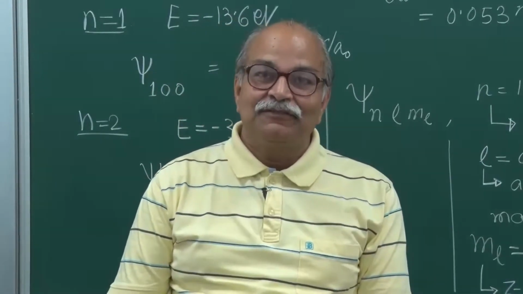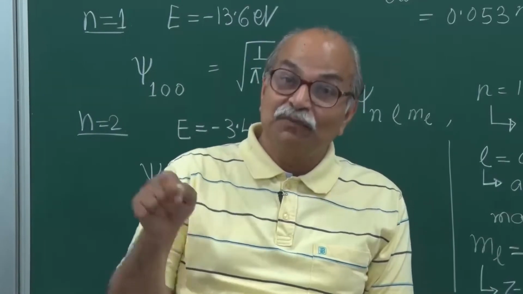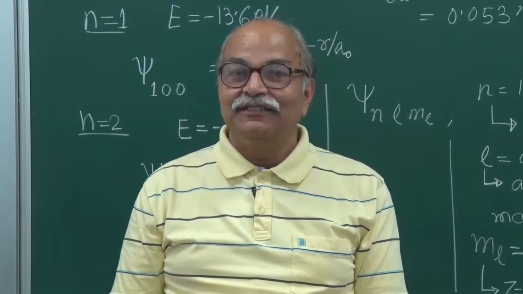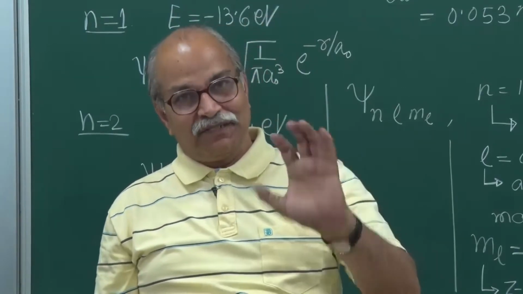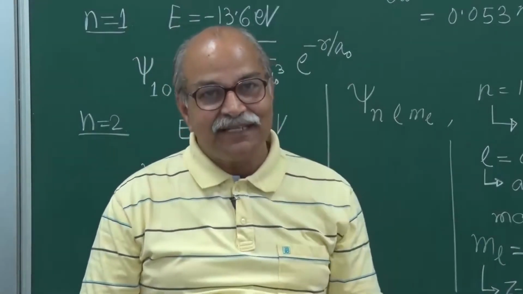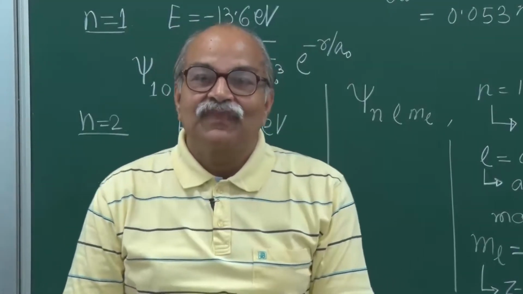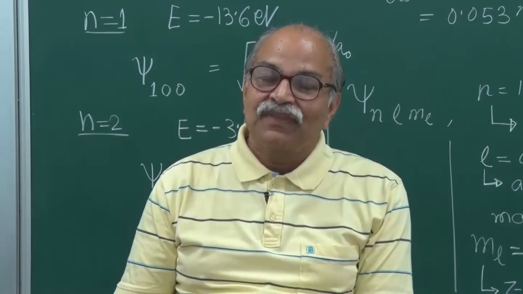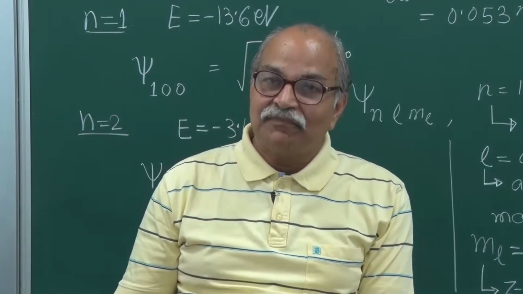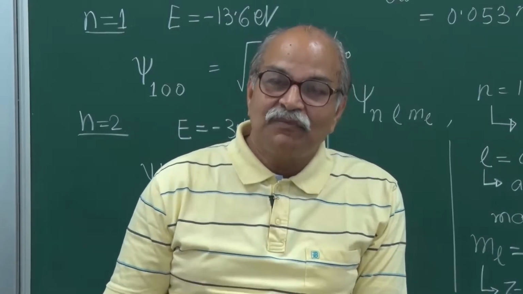But then for electrons and also for protons and neutrons, a very, very interesting thing, which again is a characteristic of quantum physics only, there is nothing like that in classical physics: each electron has an intrinsic angular momentum, a built-in angular momentum.